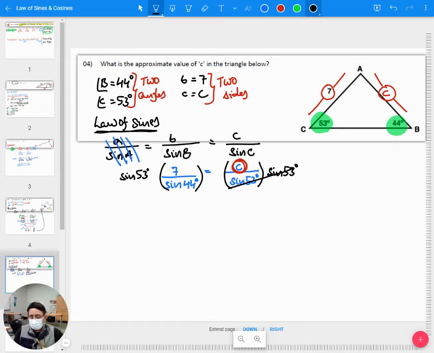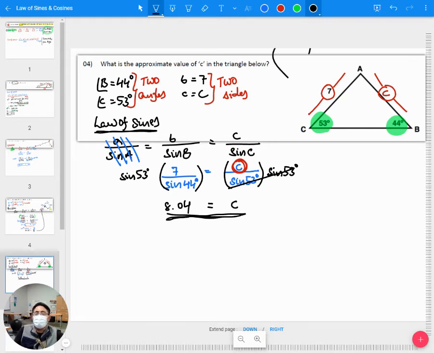So I'm taking my calculator: sine 53 degrees multiplied by 7, divided by sine 44. Well, 8.04. The value of C equals 8.04. It's a straightforward question.